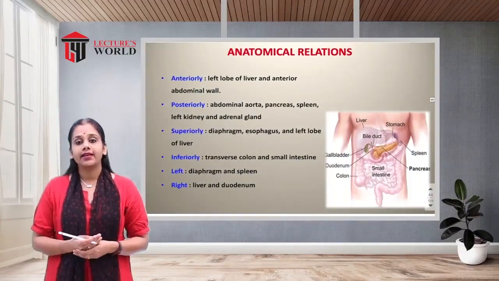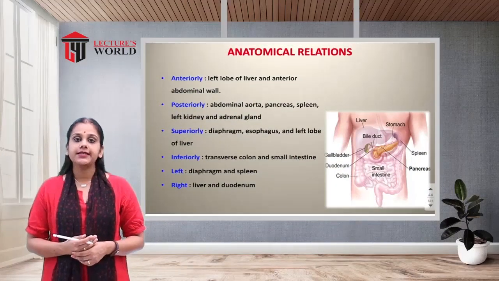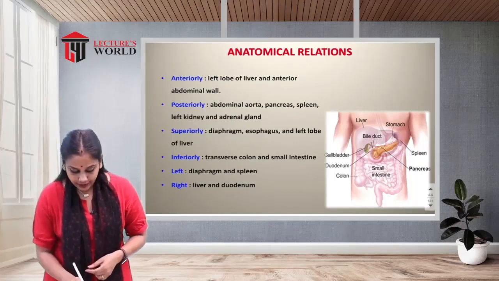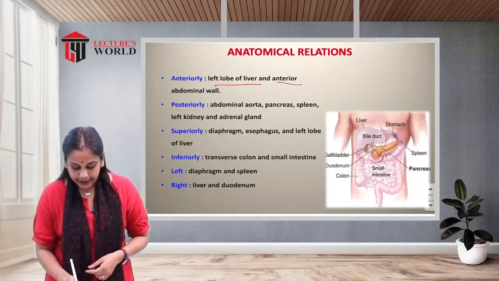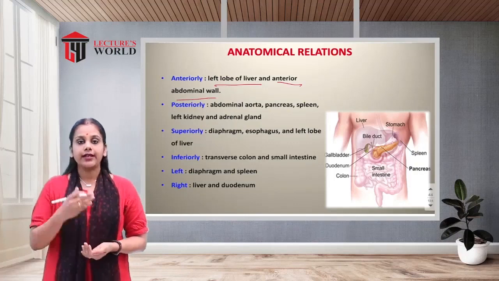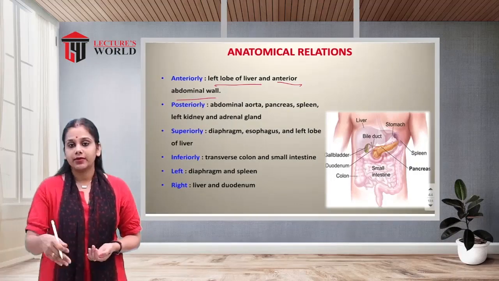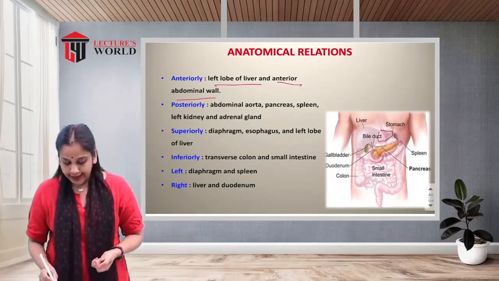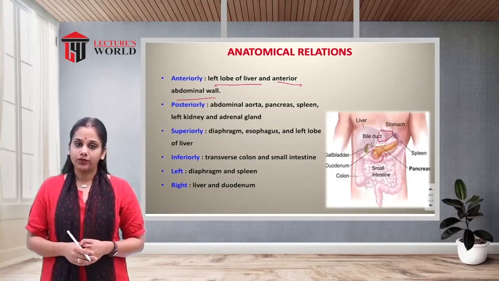Now we will see the anatomical relations of the stomach. First, anteriorly there is the left lobe of the liver and the anterior abdominal wall.